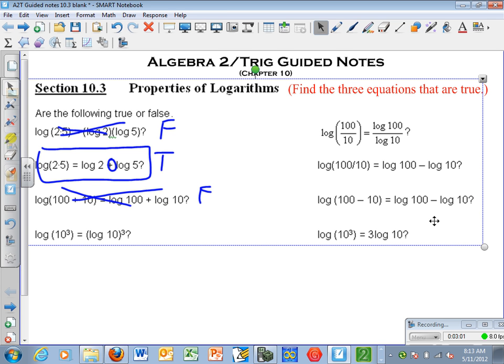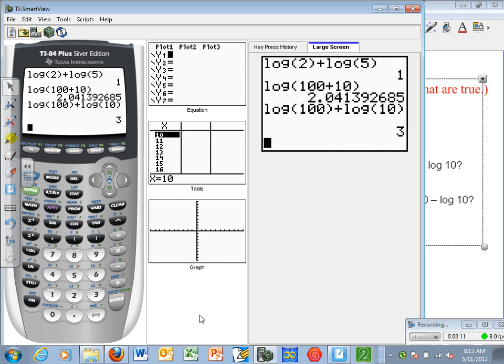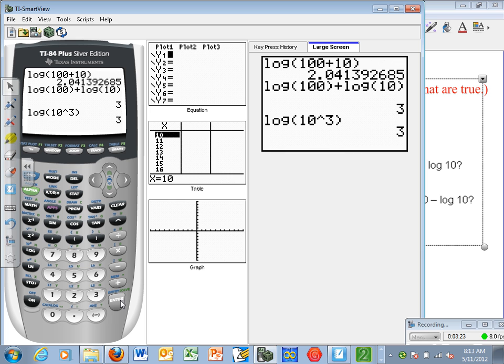Alright, does the log of 10 to a power inside parentheses equal the log of 10 in parentheses to that power? So let's test that bottom one on the left column there. We're going to do the log of 10 cubed, so 10 to the third power. Okay, that's 3. Does that equal the log of 10?